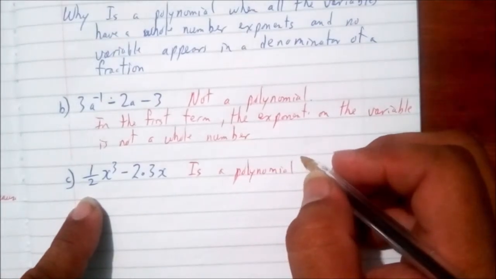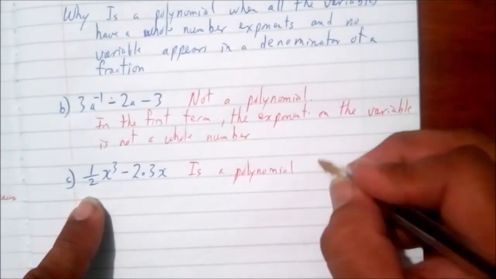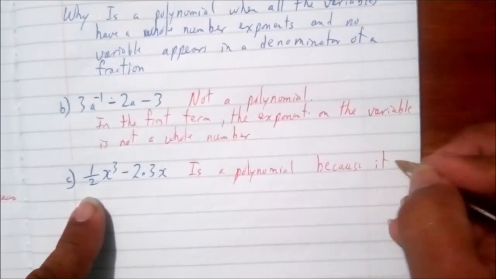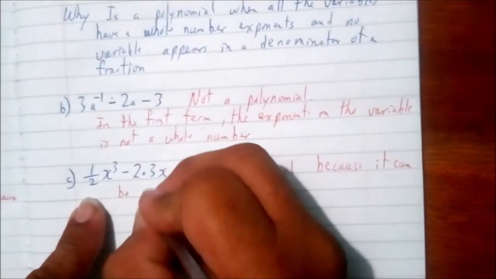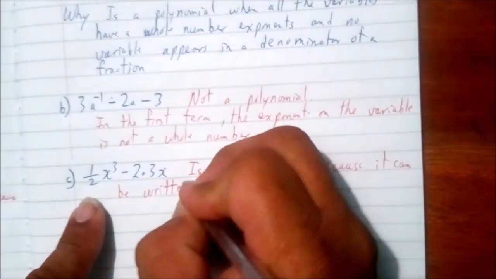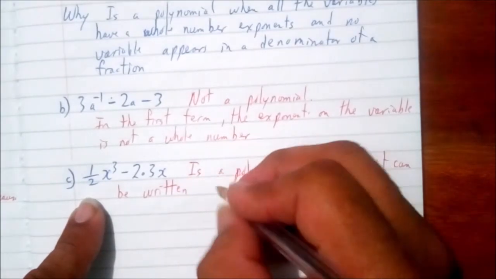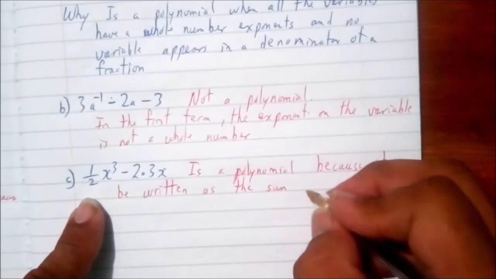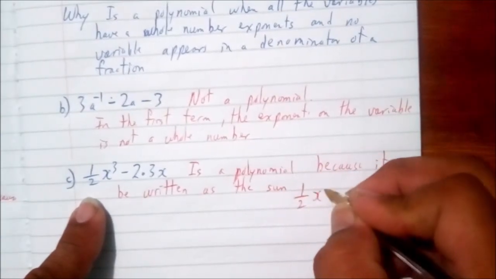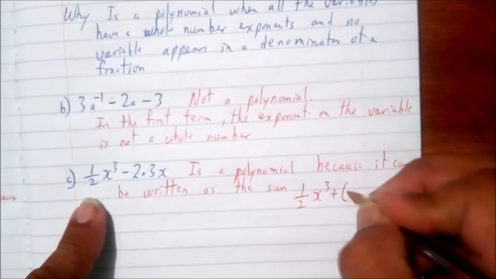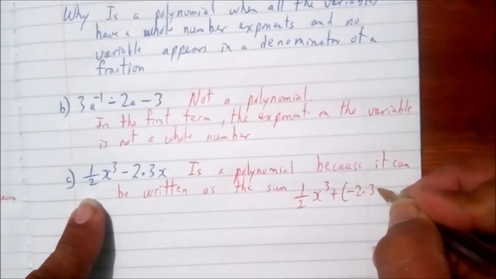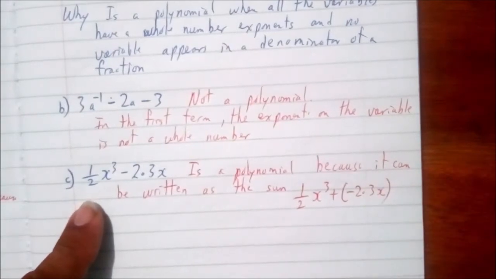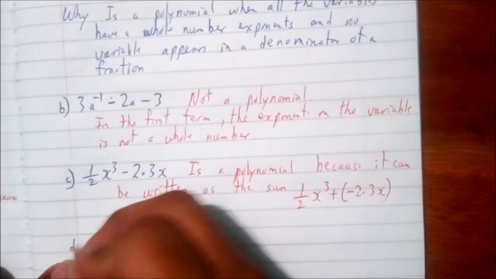It's a polynomial because it can be written as the sum 1/2 x cubed plus negative 2.3x. It can be written as a sum. So it is a polynomial. All right, go to a fourth one.